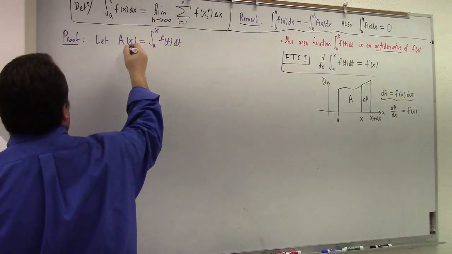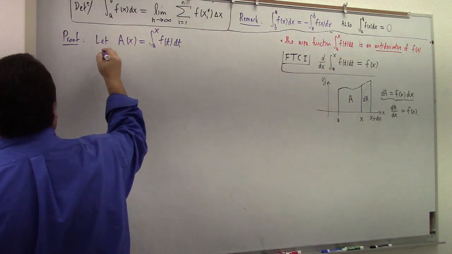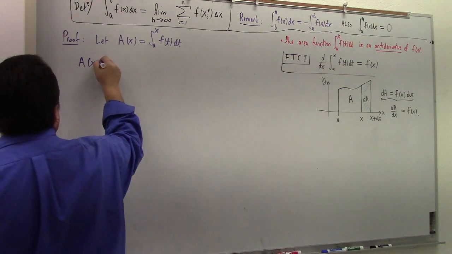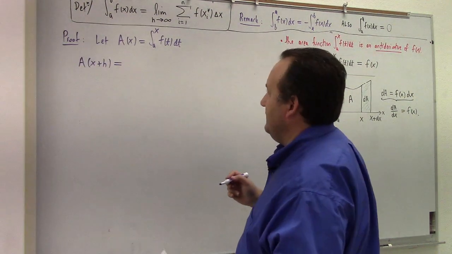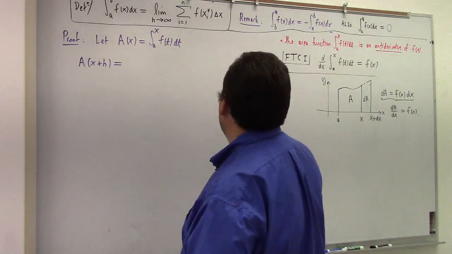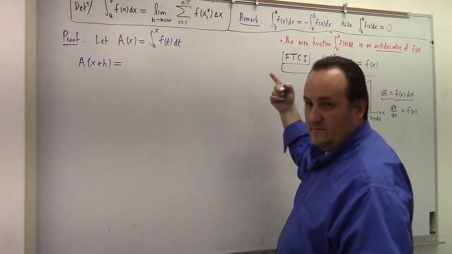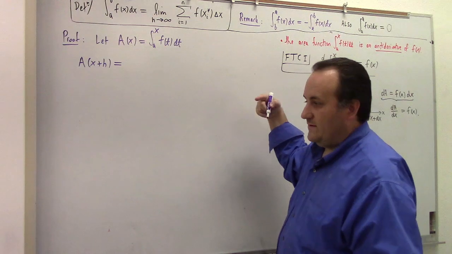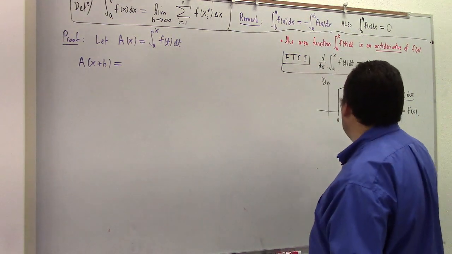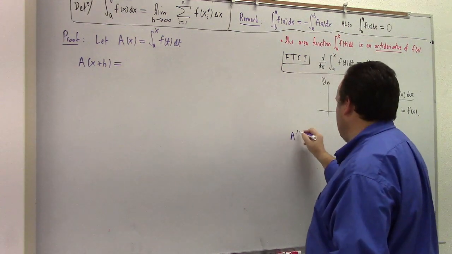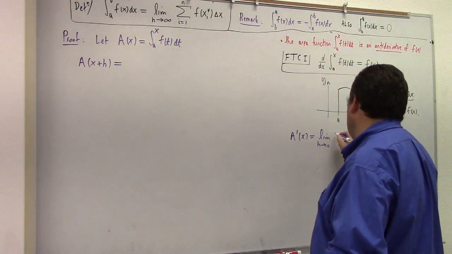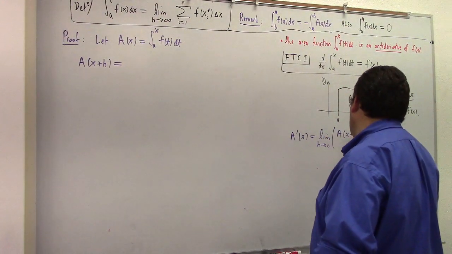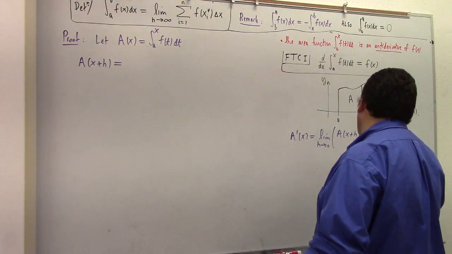And so we want to calculate A of x plus h. Our goal is to calculate A prime of x. And you remember A prime of x, what is it? The limit as h goes to 0 of A of x plus h minus A of x, over h.